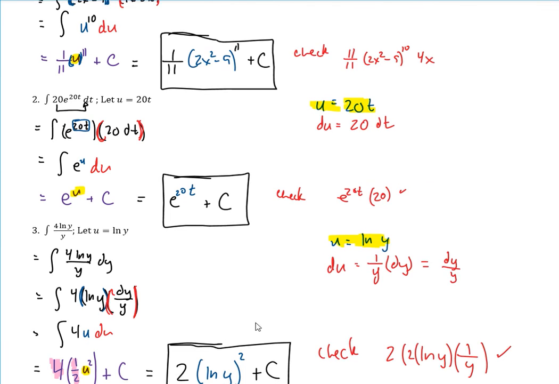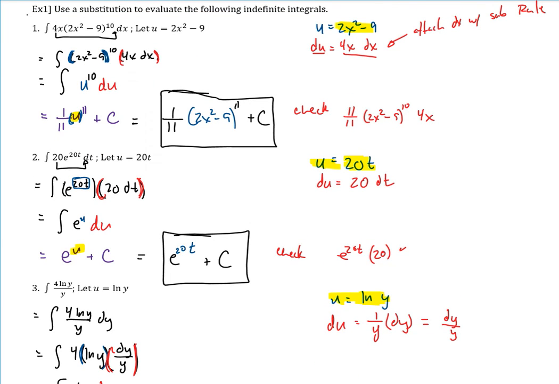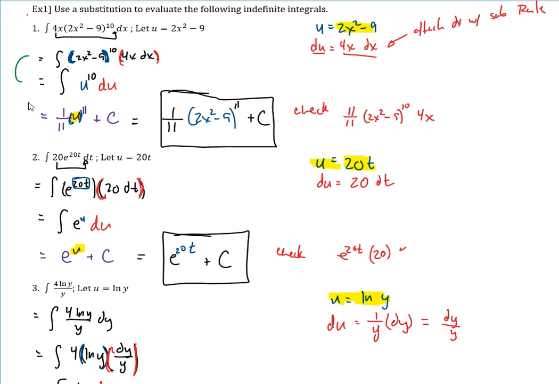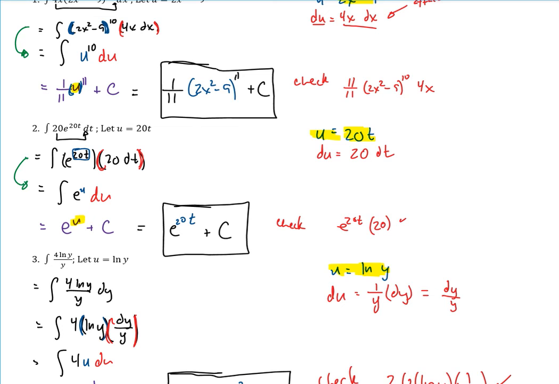Okay, so notice the substitution rule. I'm going to write it in green. From this step to this step in all of them, so from our initial variable to the u expression. Okay, so in all of these, the ones that I'm marking in green, notice it's a product. So it's something times something.